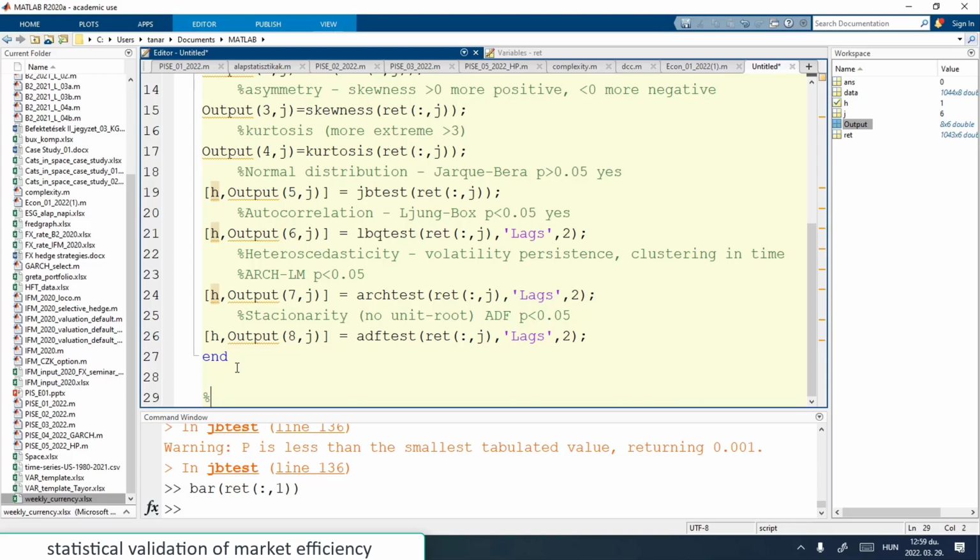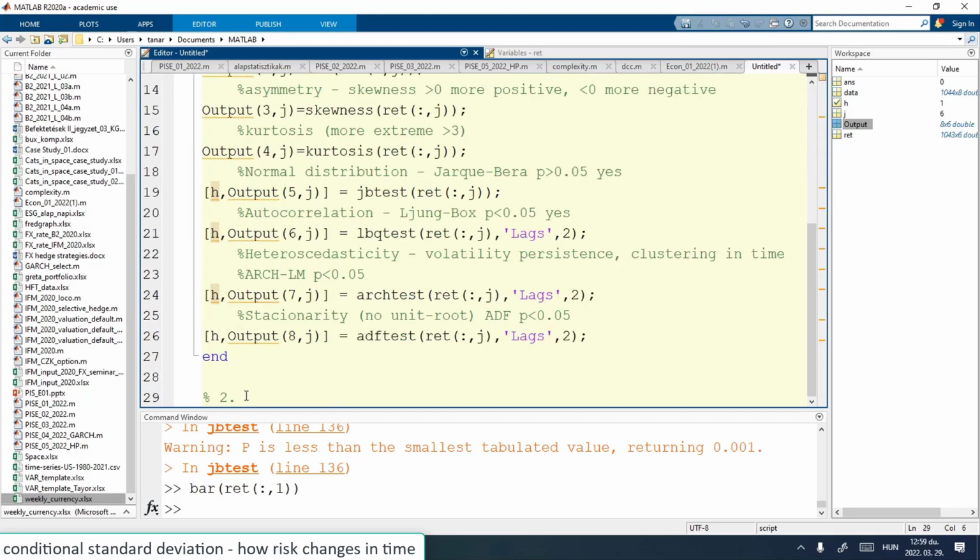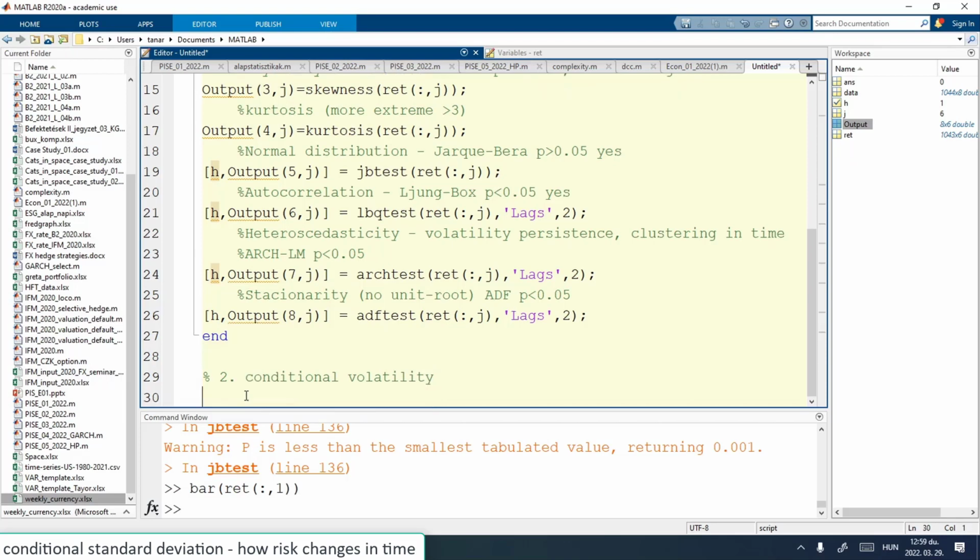we have to. This was the first point, basic statistics. The second is conditional volatility.